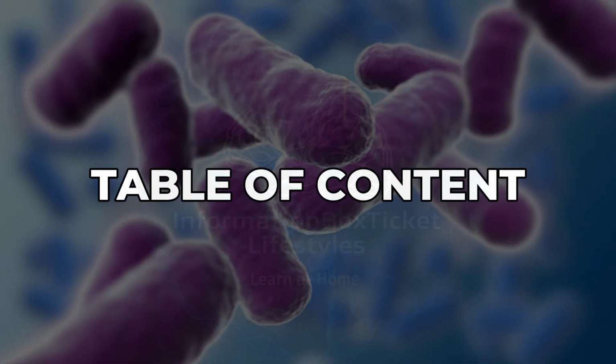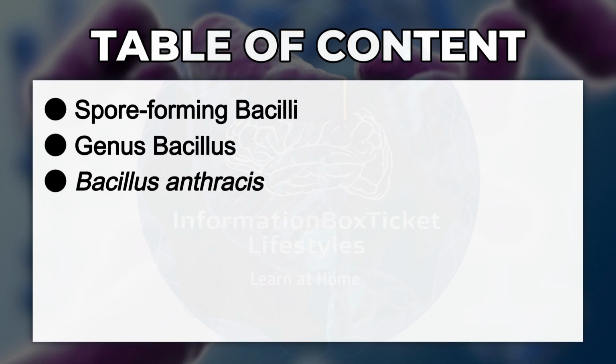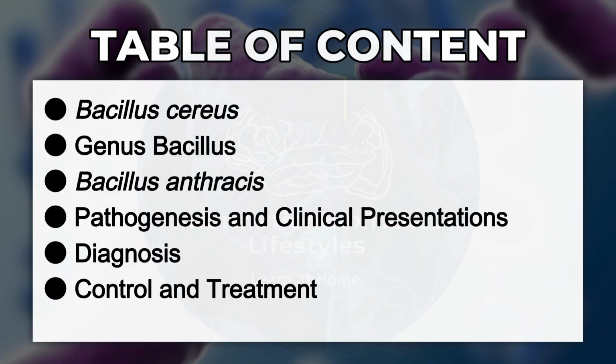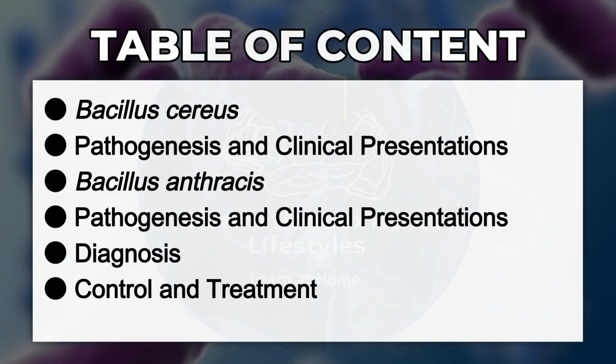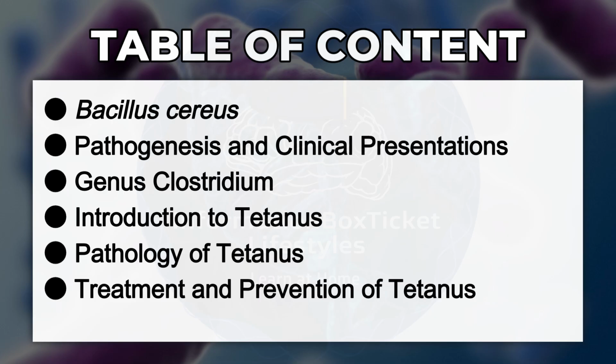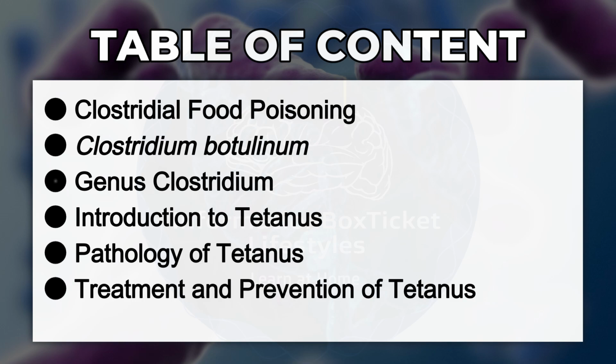Table of content. Spore-forming bacilli. Genus Bacillus. Bacillus anthracis. Pathogenesis and clinical presentations. Diagnosis. Control and treatment. Bacillus cereus. Pathogenesis and clinical presentations. Genus Clostridium. Introduction to tetanus. Pathology of tetanus. Pathogenesis of tetanus. Treatment and prevention of tetanus. Clostridial food poisoning. Clostridium botulinum.